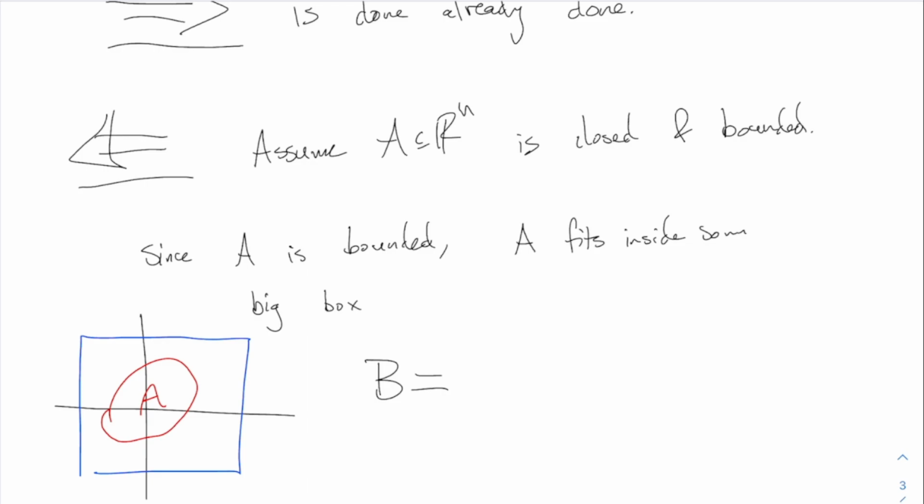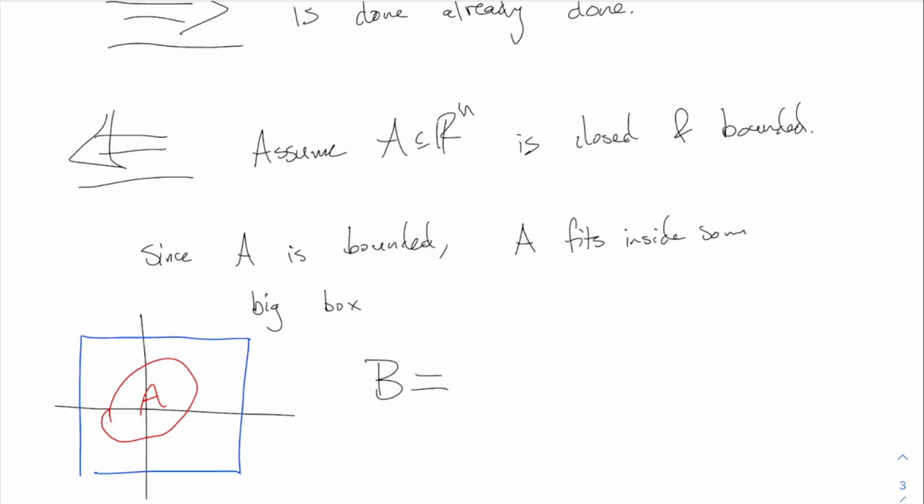And what is a box in Rn? Any box can be written as a product of intervals. Like that one there is a product of this x-axis interval cross this y-axis interval. And in Rn in general, a big, say, three-dimensional box is a product of three intervals, or however many.